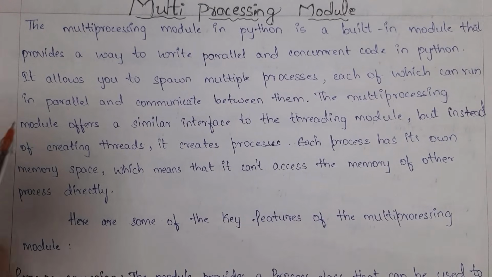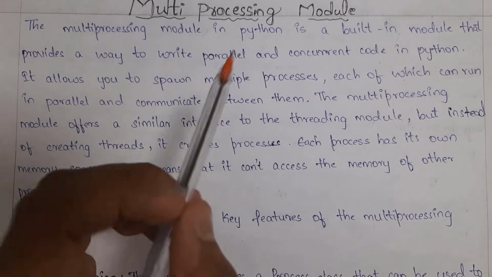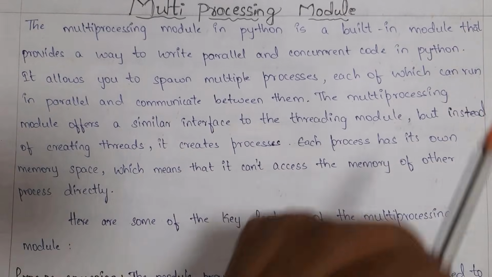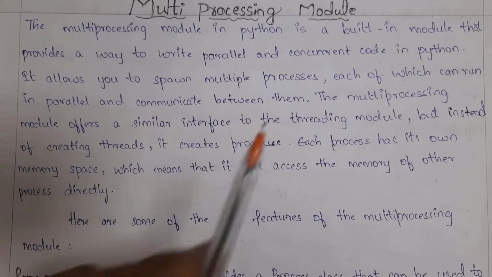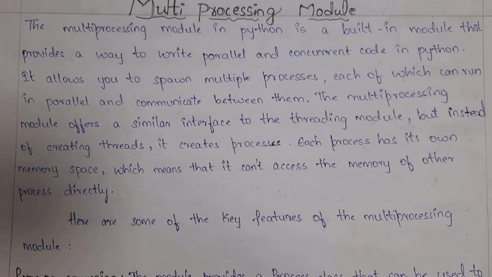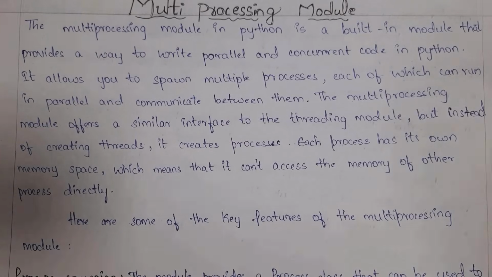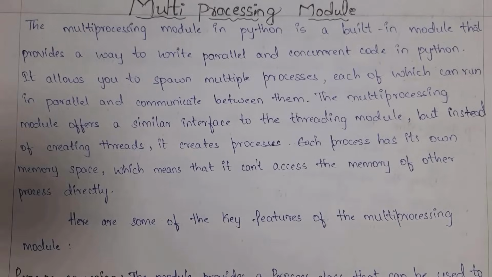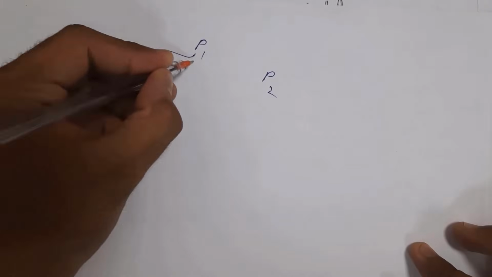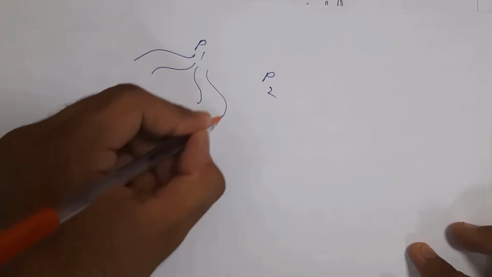This multiprocessing module allows you to spawn multiple processes, each of which can run in parallel and communicate between them. That is nothing but by using the multiprocessing module you can spawn multiple processes. You can divide a parent process into multiple child processes and execute them parallelly. For example, there are two parent processes, P1 and P2.